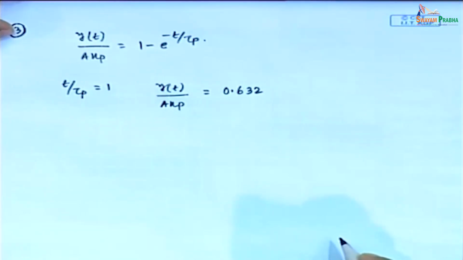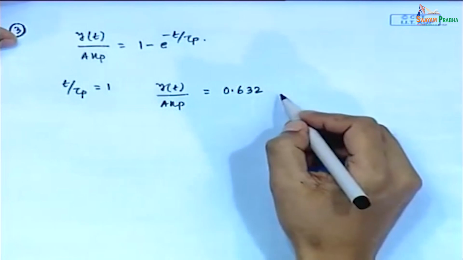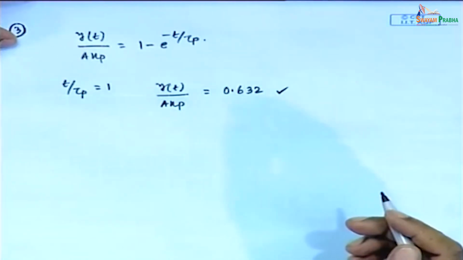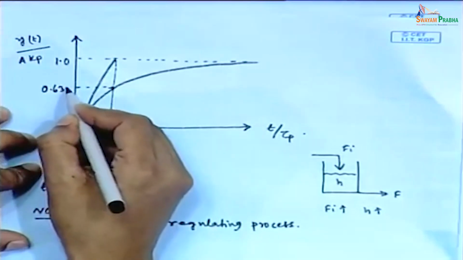That means, originally the process reaches 63.2% of its final value. So, this is 0.632.